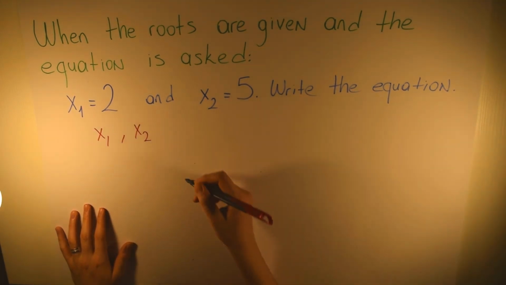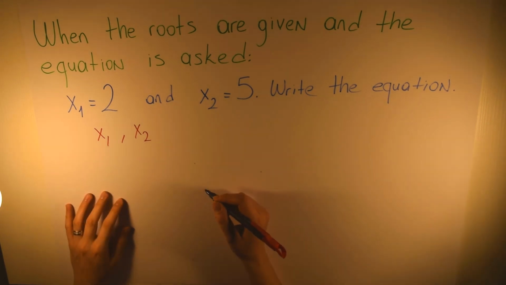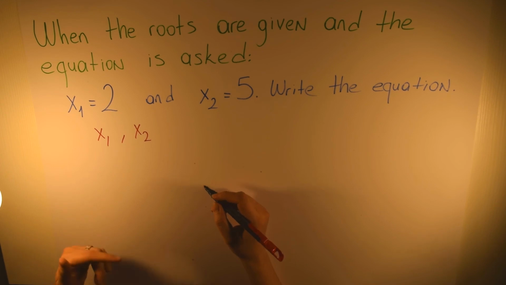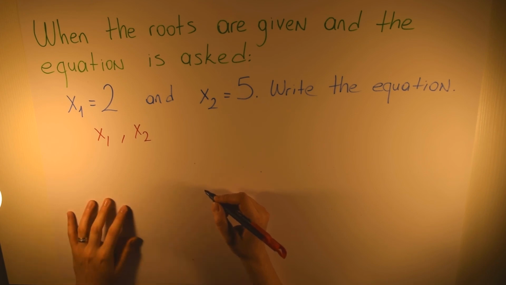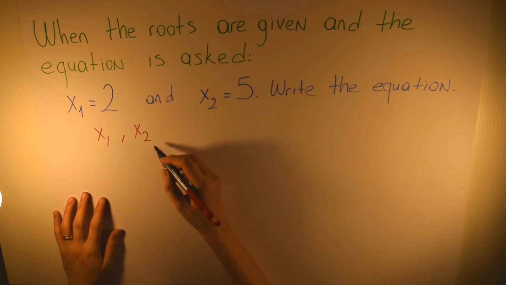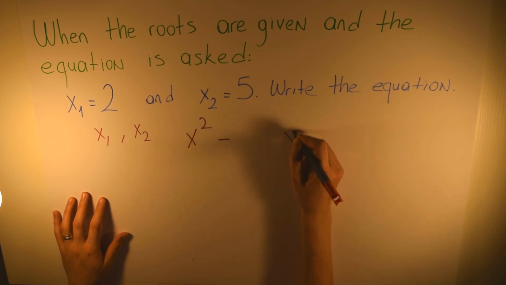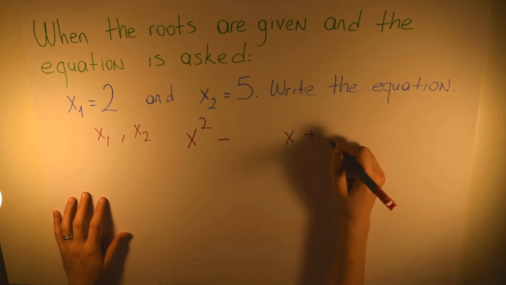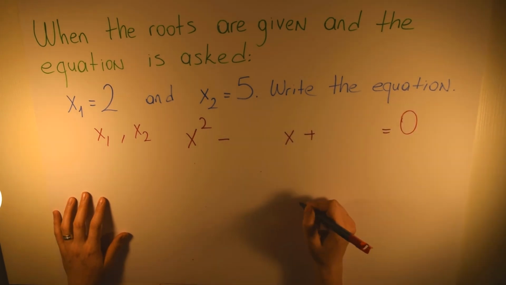Okay, so in order to write the equation, you will use the formula for the sum of the roots and the product of the roots. How do we do that? So it will be something x squared minus something x plus something, our constant, is equal to 0, right? Because why?